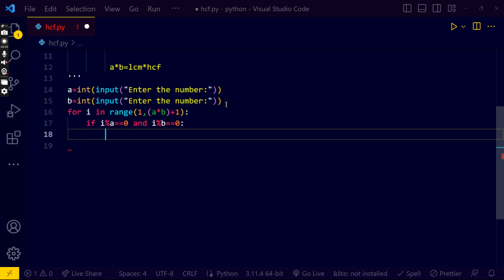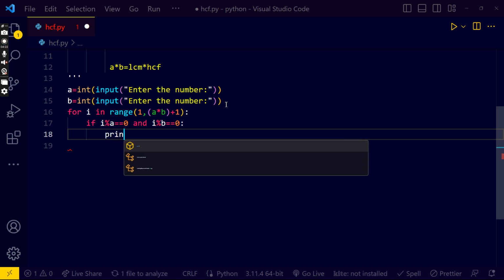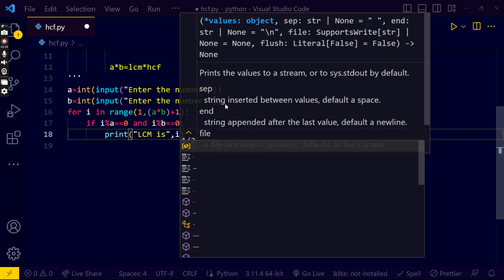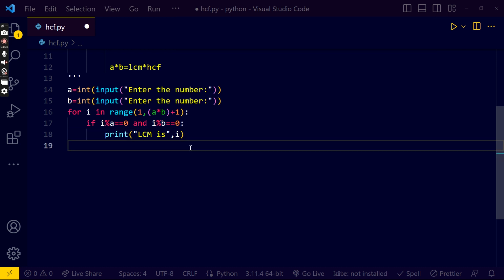And then the LCM is found. You can understand, isn't it?